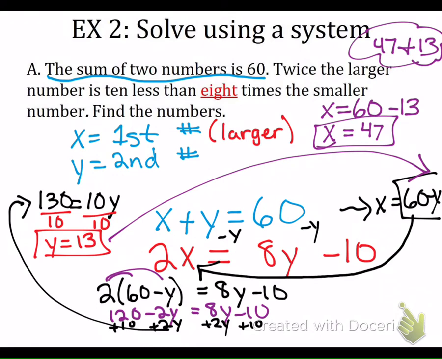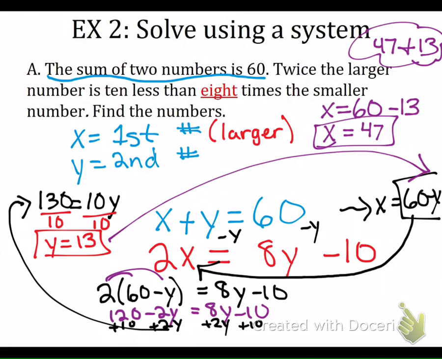Okay, now I am going to double check that this actually works. I'm going to read through the problem one more time. The sum of 2 numbers is 60. Do those 2 numbers add to 60? Okay, twice the larger. What is twice 47? 2 times 47 is what? 94.